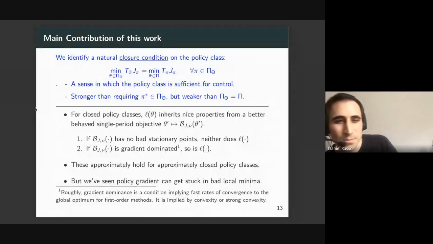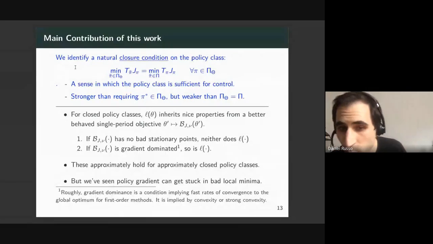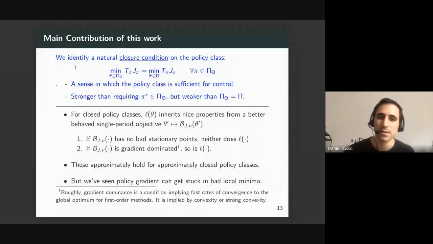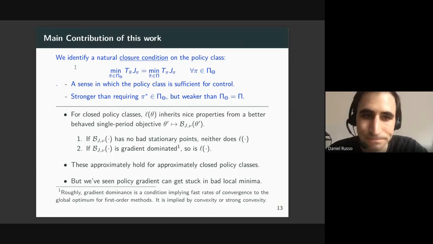So to be a bit more specific, maybe the main intellectual contribution is a particular condition we identify as being the dividing point between the good and the bad examples for policy gradient, and specific precise implications of this condition.